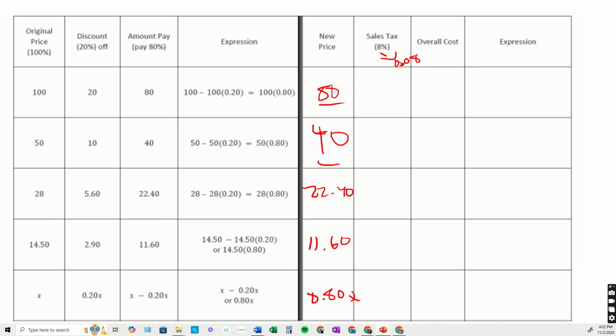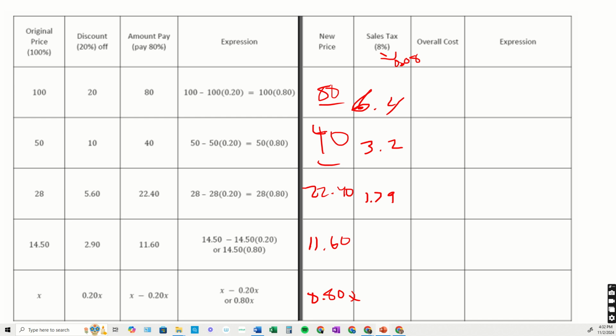So 80 times 0.08 is 6.4. 40 times 0.08 is 3.2. $22.40 times 0.08 is $1.79 and then 2/10 of a cent. So we only use two decimals for math with money. So 1.79. There was a 2 after that, so we don't round.